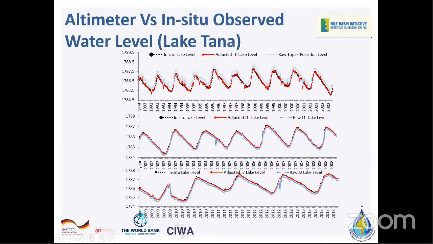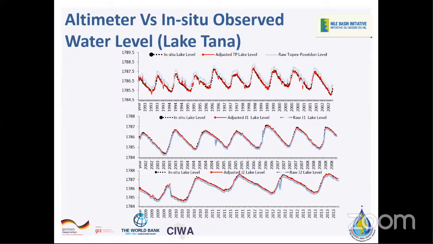So the bias correction, distributing the lump error over the period of the mission, has reduced the error significantly. As can be seen, the TOPEX had some bias, which is greater than what we found from the Jason-1 and Jason-2 missions. And distributing the bulk bias over the period of the mission has significantly improved the data.